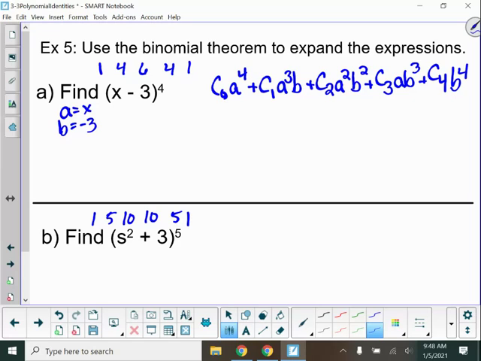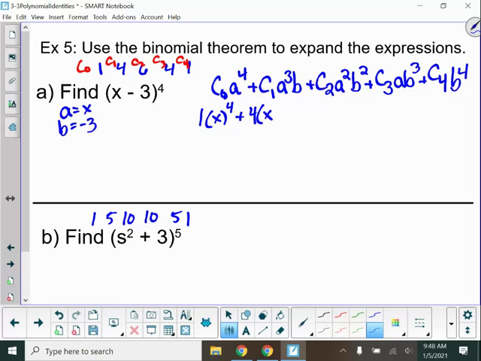So this is C0, that's C1, C2, C3, and C4. So I have 1, and then times x to the fourth power.